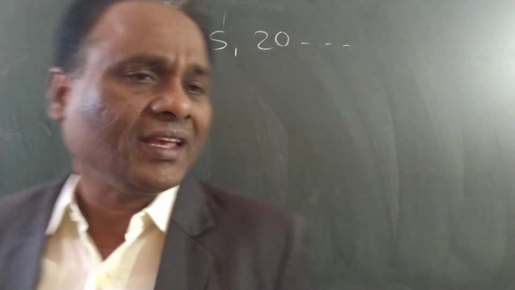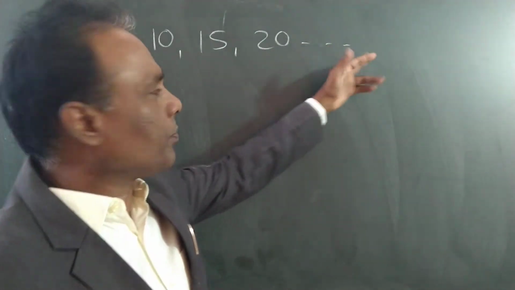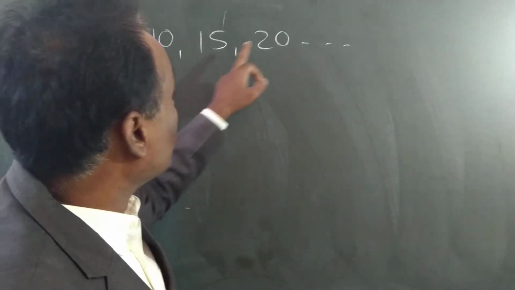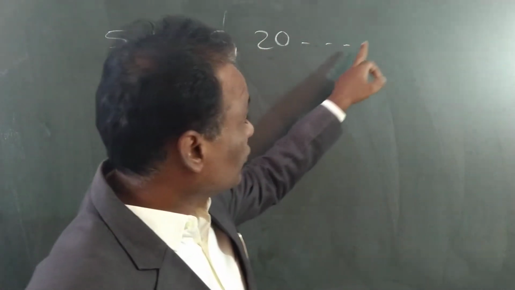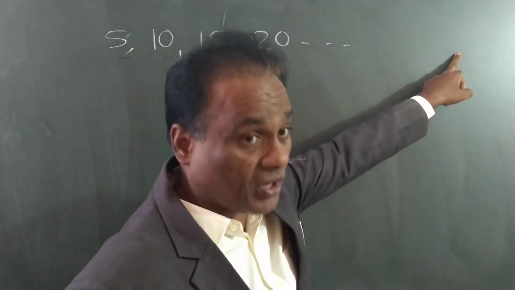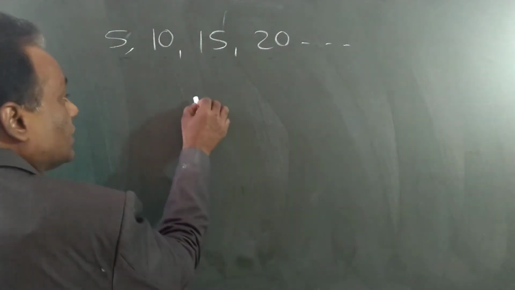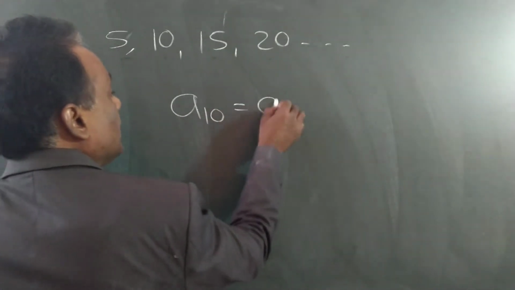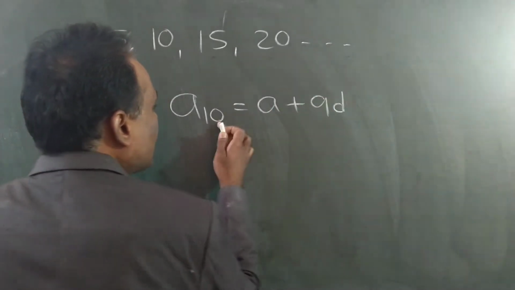In this, any term we can find. Suppose this is first, second, third, fourth, fifth, sixth, seventh, and you want the 10th term. We can find it: the 10th term is equal to A plus 9D, 1 less than this.